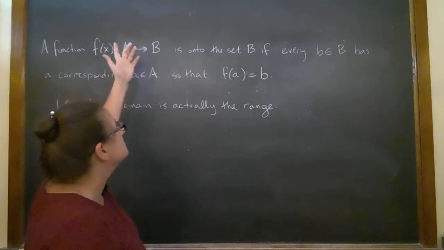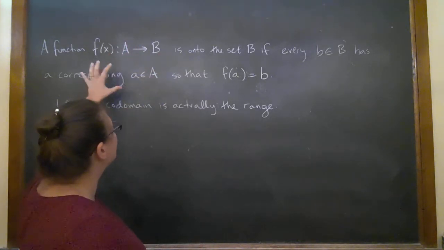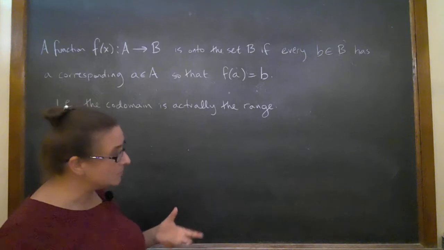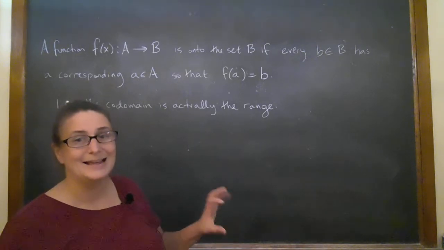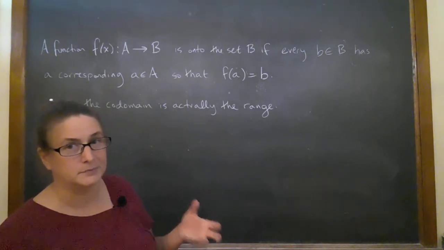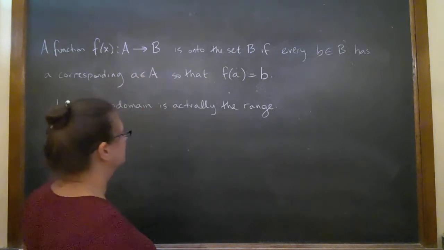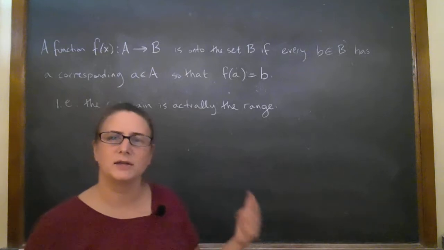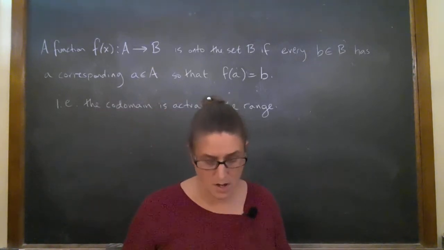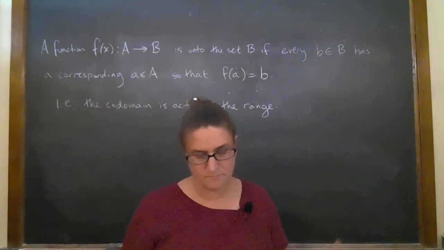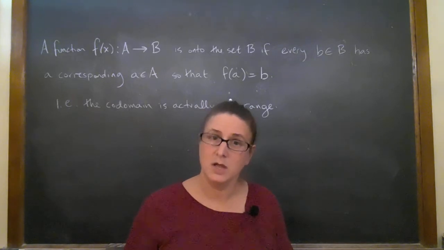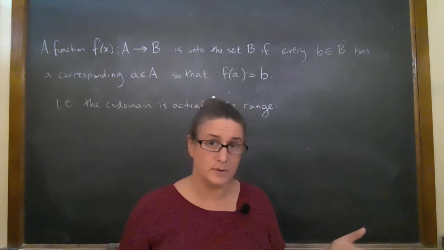And if you want to talk about something being invertible, like we're going to talk about in a minute, you can't have it that way. It has to be defined properly so that your B is actually the range. We're just going to work that into our definition of invertibility so that we don't have to fuss too much about it.